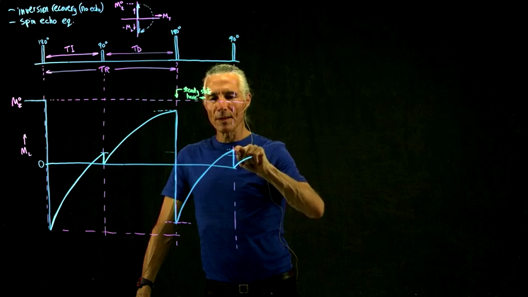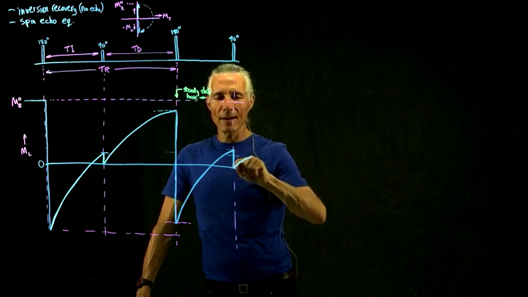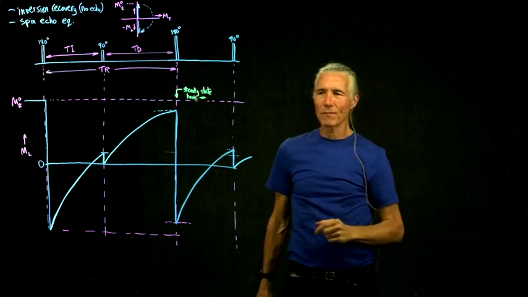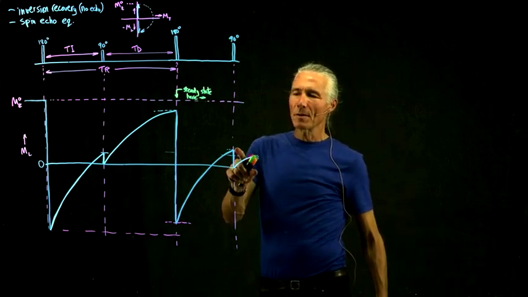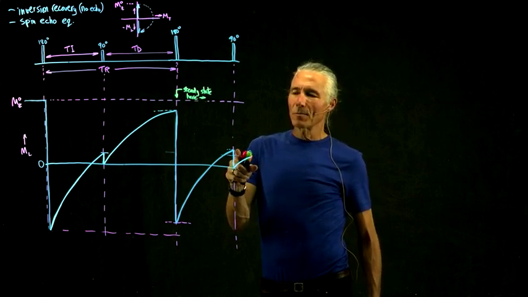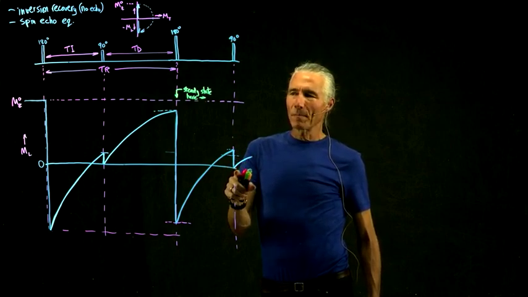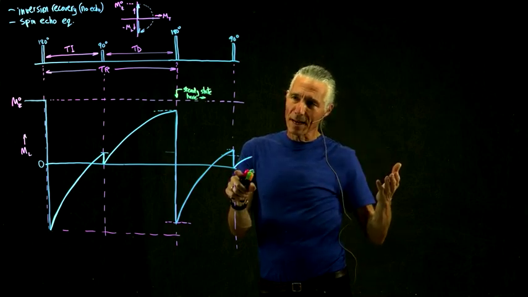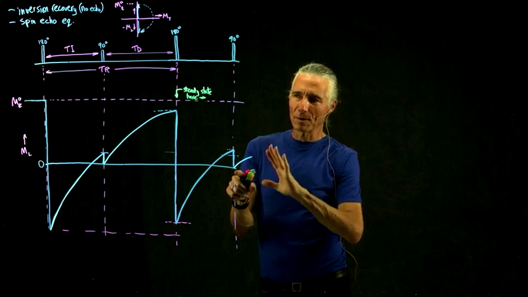So what we really want to know is how much longitudinal do we have at this point, which is going to explain how much transverse we get after we do the flip. So that's the goal, to try to figure out the equation for the amount of transverse we have here before we do the flip. And then there's going to be yet a different little thing added onto that if we do an echo, but we'll leave the echo out for now.